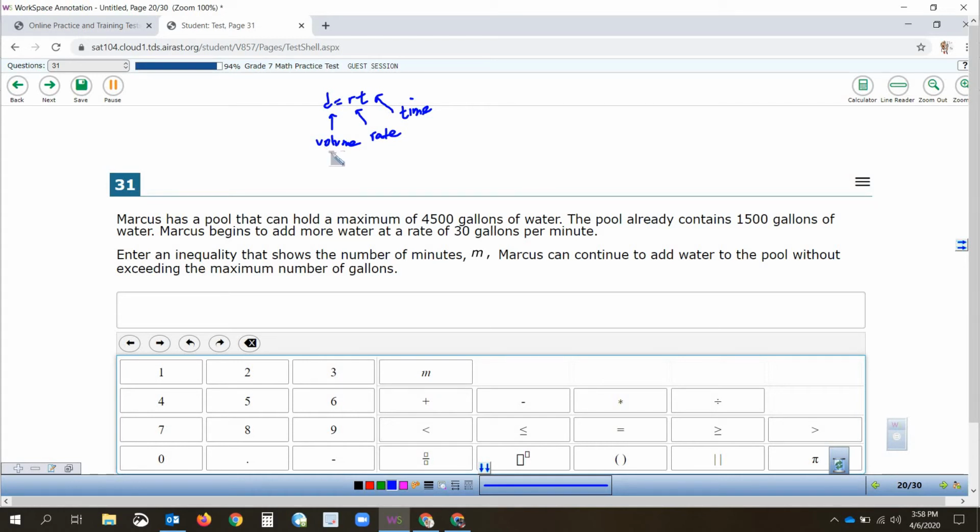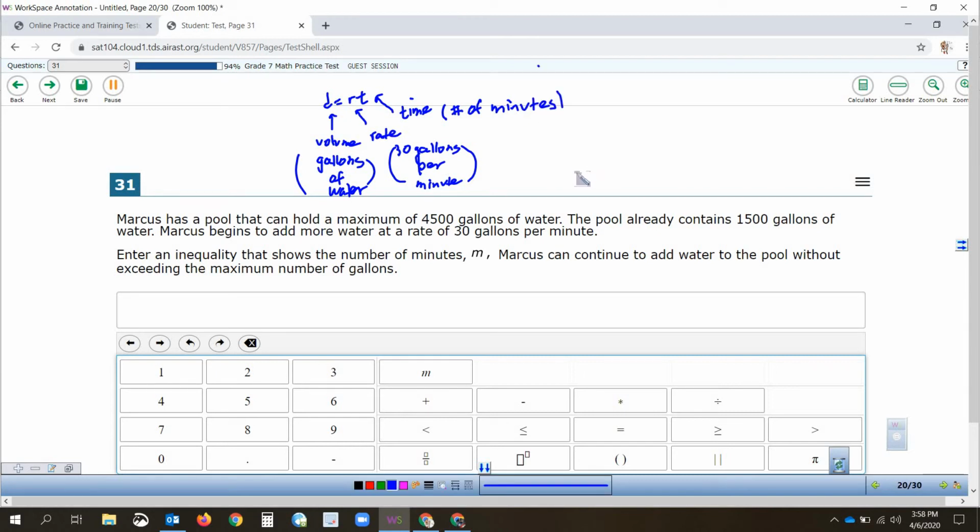So volume in this case is going to be the gallons of water. What's the rate? The rate they told us is what? 30 gallons per minute. And what's the time? Well, that's what we're asking. The time is going to be the number of minutes.